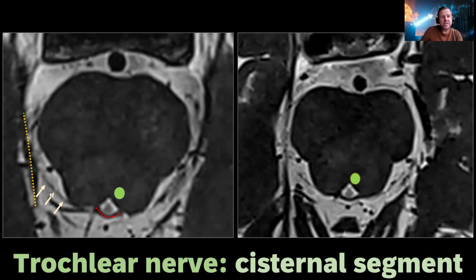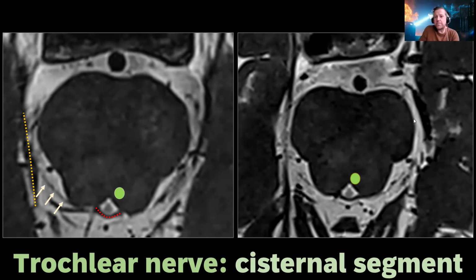These arrows indicate the right trochlear nerve, and shown in orange is the tentorial ridge of the tentorium. The trochlear nerve exits the brainstem, enters the ambient cistern, and then runs in close proximity to the tentorium.